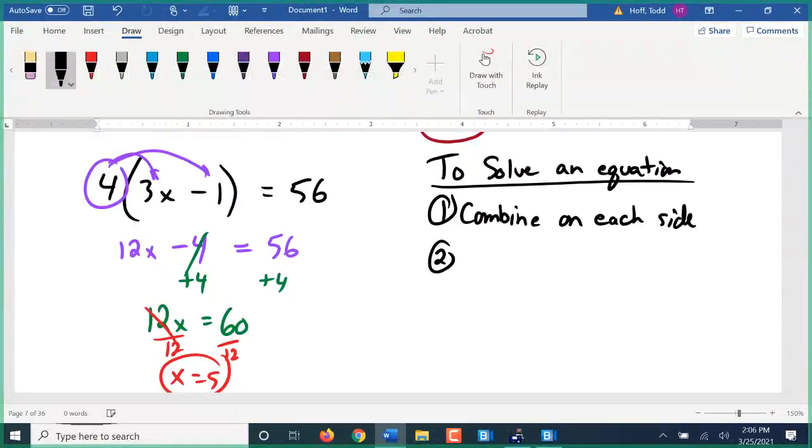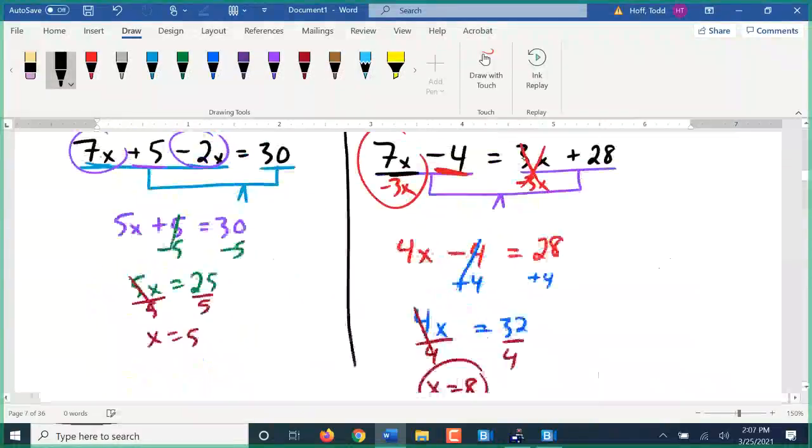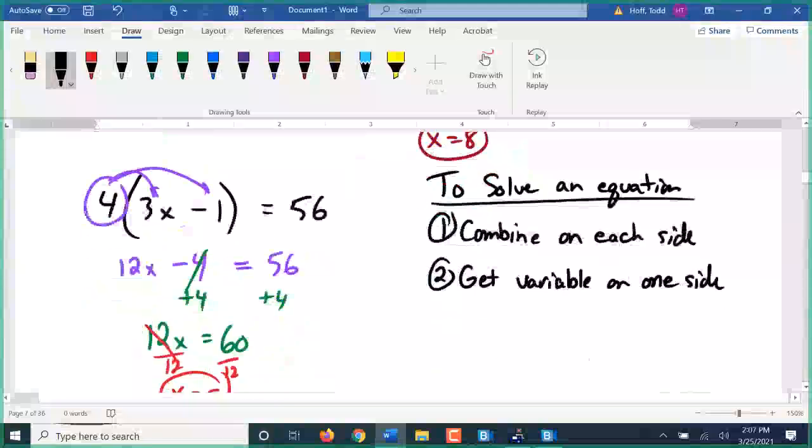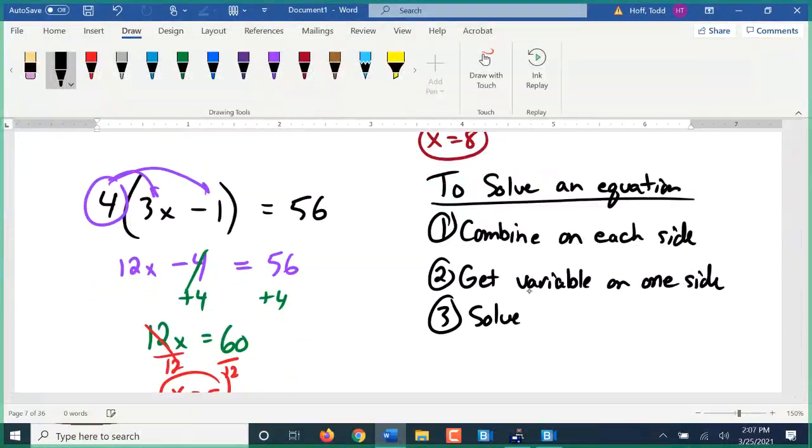The second thing was to make sure the variable is on one side. Example up here, the variable was on each side. We had to get rid of one of them, so it was only on one side. So then once we've done those two things, then we can solve. Remember, solving, that's that process of taking it apart.